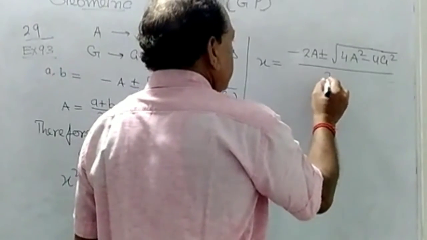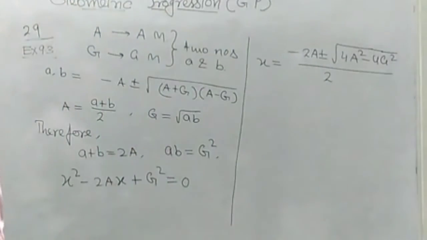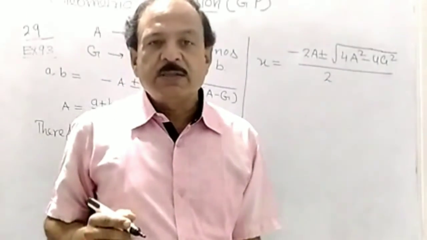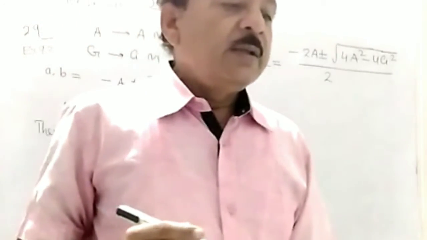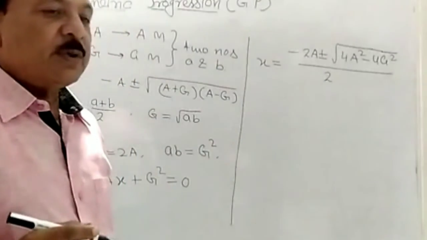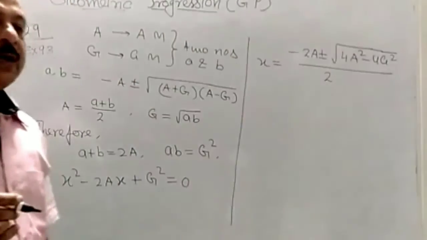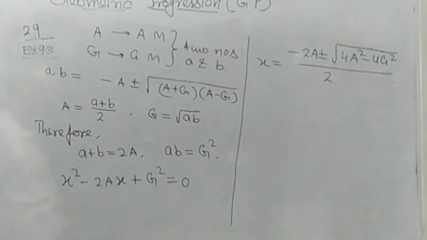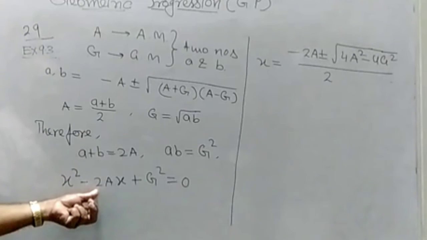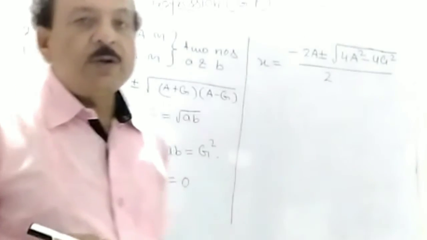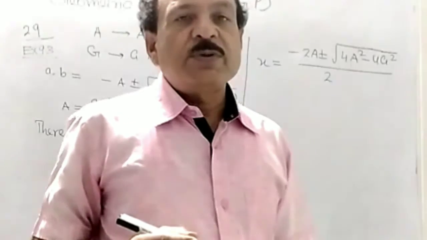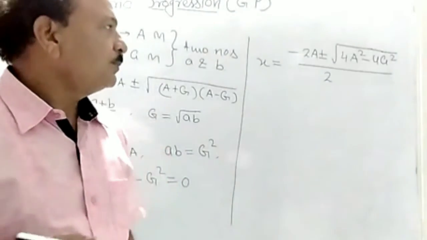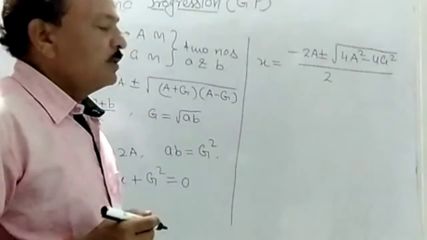Here the sum of the two positive numbers is 2A, so you can write x square minus 2Ax.